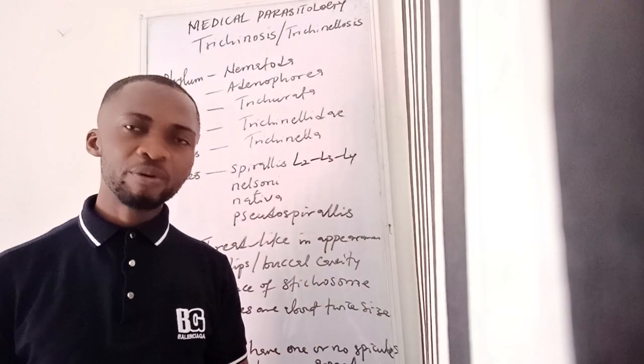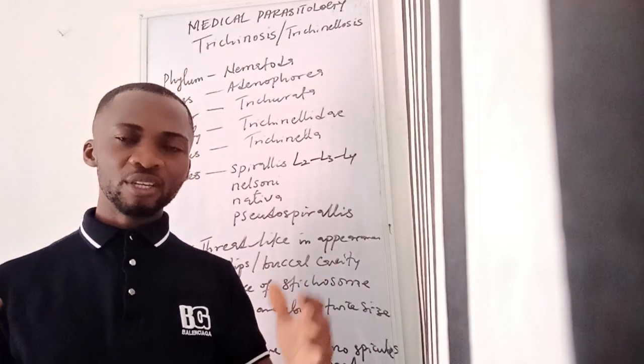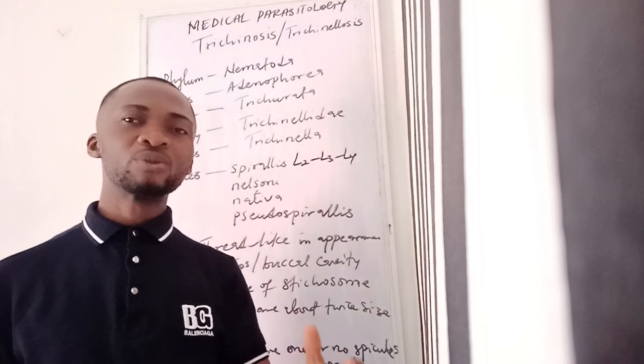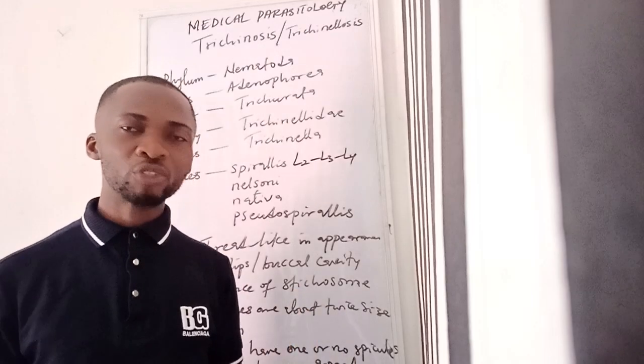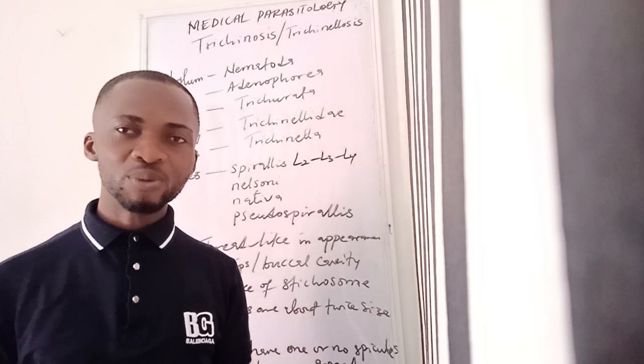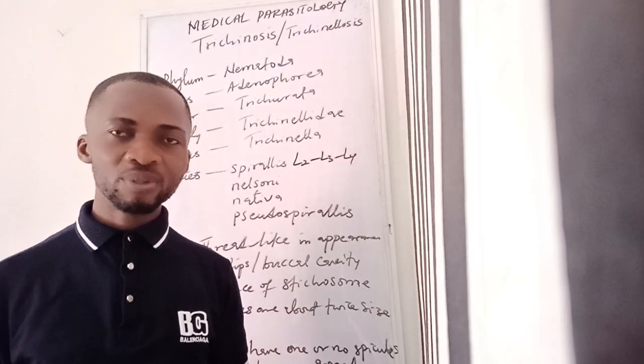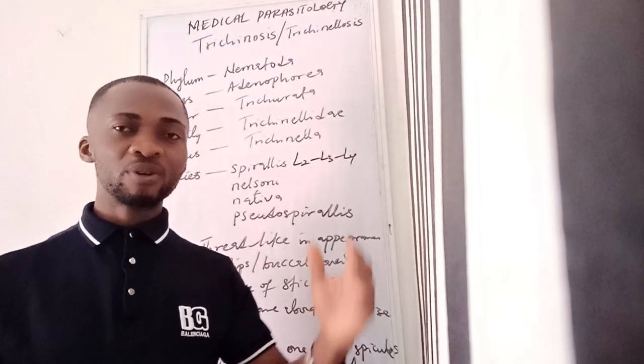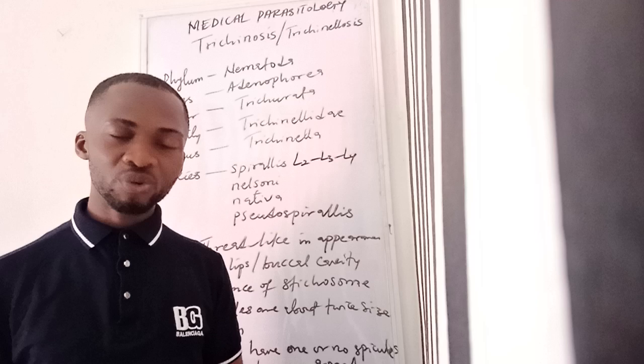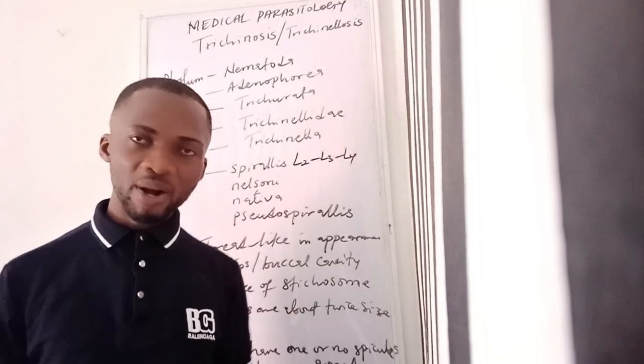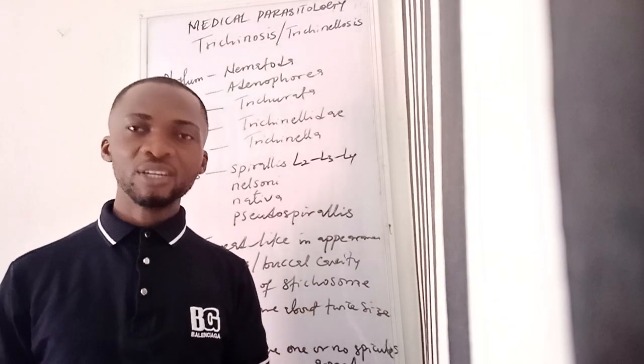Then for prevention and control, it's always good to make sure that every meat you take is properly cooked. If it's properly cooked, then of course the heat will destroy the larva of the parasite before getting into the body.